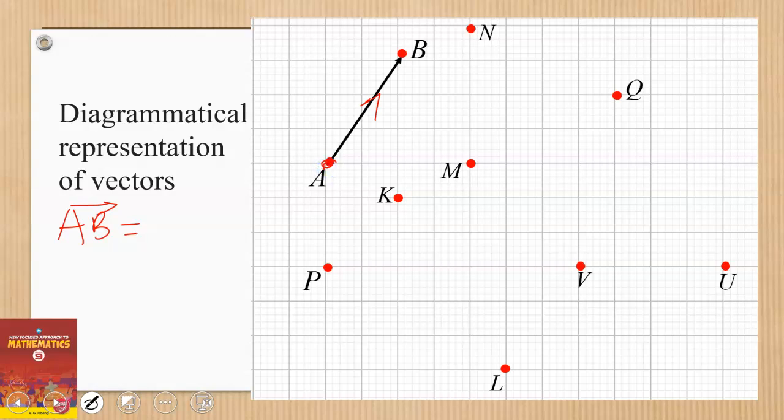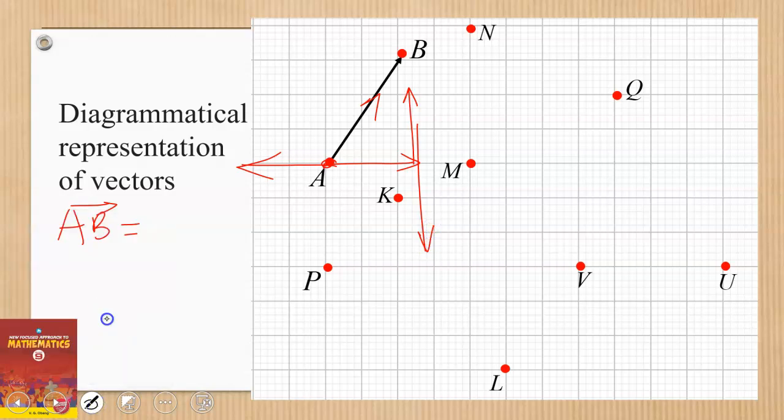Now we can find the vector AB because A is the origin. Always in vectors, we move along the x-axis before we move along the y-axis. When we move in this direction, we say it's positive. If you go opposite, we say it's negative. If I move upwards, that is positive. If I move downwards, that is negative.